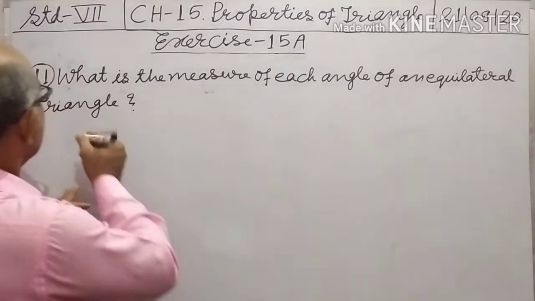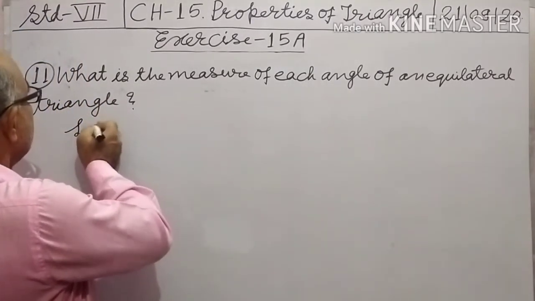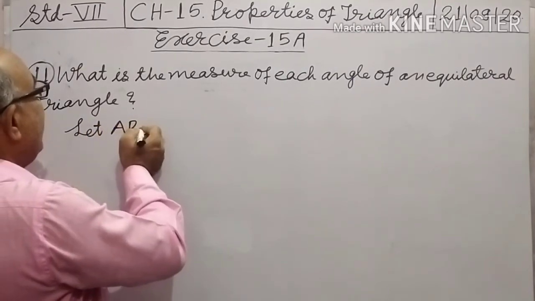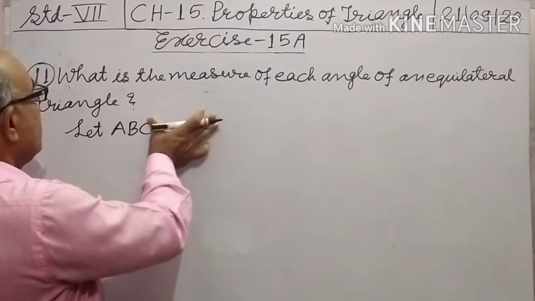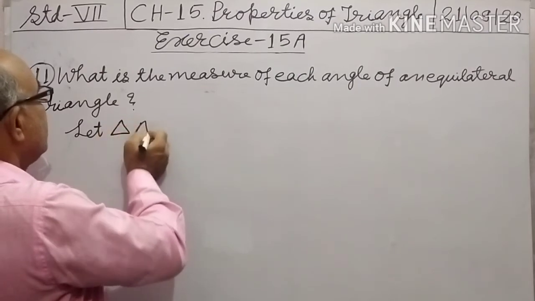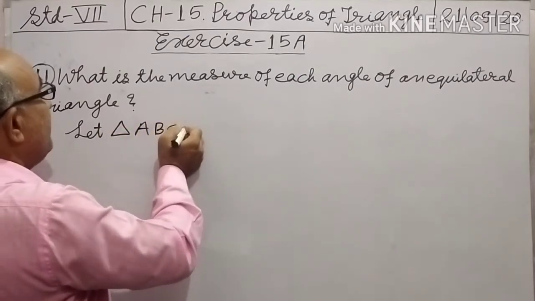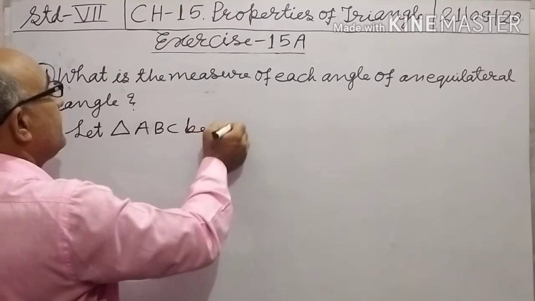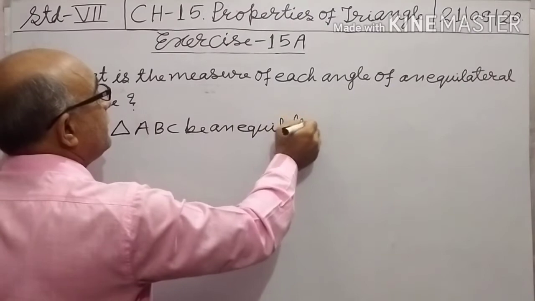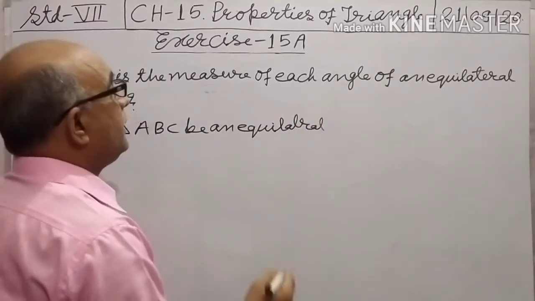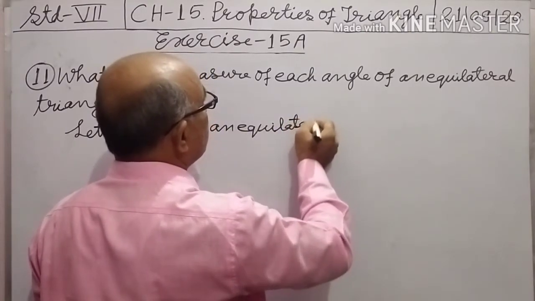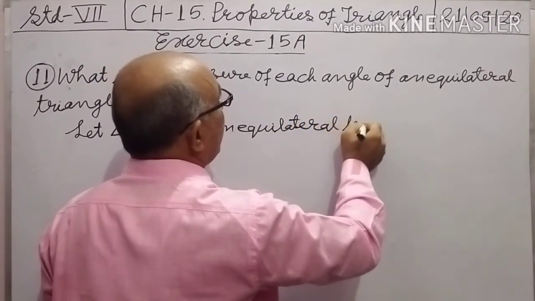So let triangle ABC be an equilateral triangle.